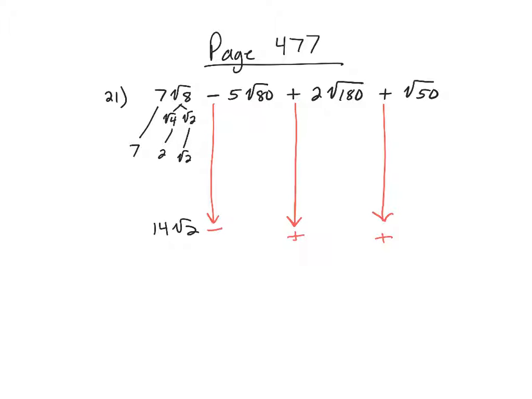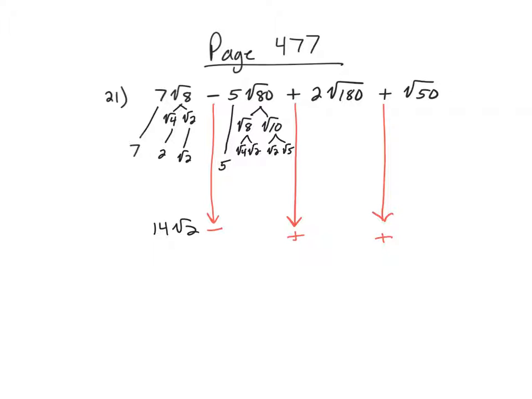The next one, the 5 comes down. Now this radical 80, there's a number of ways I can break that down. The one that's probably most obvious to you would be the square root of 8 times the square root of 10. So I'm going to split this into the square root of 4 times the square root of 2. And this is going to be the square root of 2 times the square root of 5.